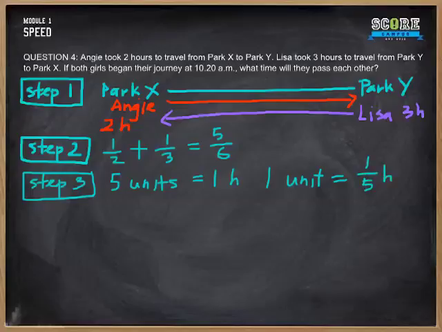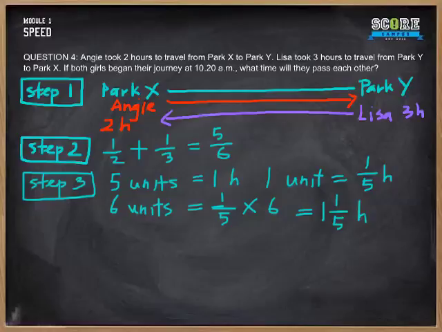So if that is 1 unit, what is 6 units? 6 units is going to be 1/5 times 6, which is 1 1/5 of an hour. If you convert that into hours and minutes, you will get 1 hour and 12 minutes, because 1/5 of an hour is 12 minutes.